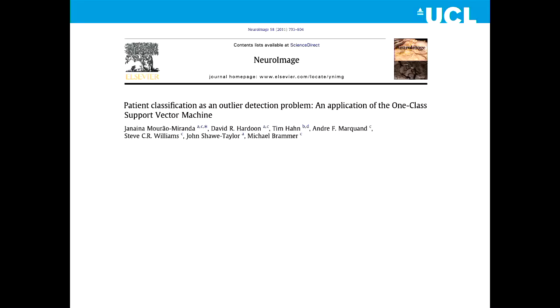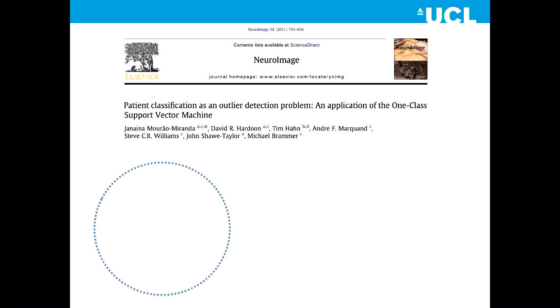In this study, we had fMRI data from a group of depressed patients and a group of healthy controls. The task in the fMRI was looking at sad faces, and for each subject, we estimated a pattern of brain activation to sad faces. This was the information we gave to the machine learning algorithm. We trained a one-class support vector machine, which is an outlier detection algorithm, only with the data from the healthy controls, and we tested with healthy controls not used for training, and depressed patients.